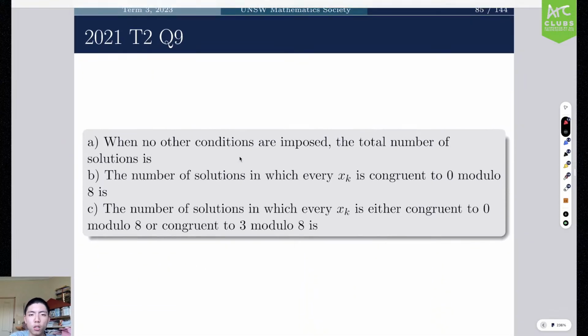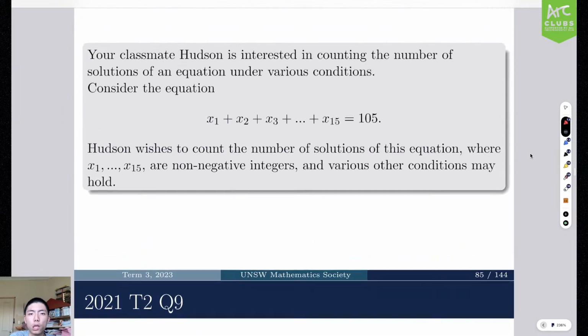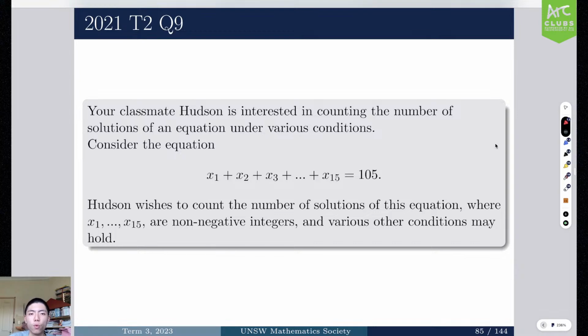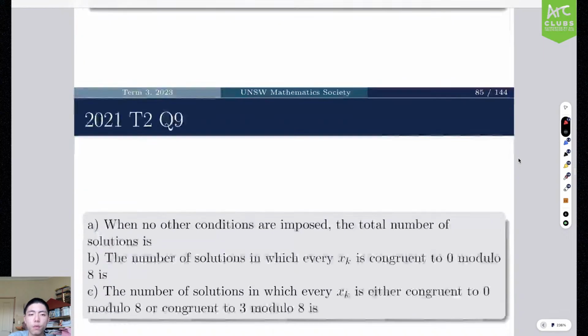Well, when no other conditions are imposed, we need to find the total number of solutions. So looking back at this, we have 15 different terms that add up to 105 collectively, and we are trying to find the number of ways that this equation can be satisfied using non-negative integers: 0, 1, 2, 3, and so on.